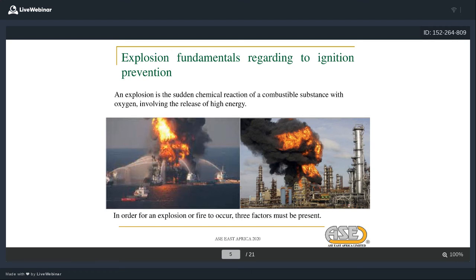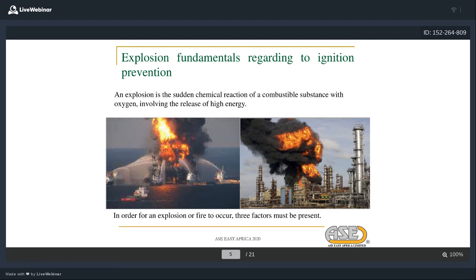This will involve the release of high energy, temperature, and pressure. Combustible substance and oxygen must be in sufficient quantities to support explosion. And when they encounter an ignition source, the explosion or fire will happen.